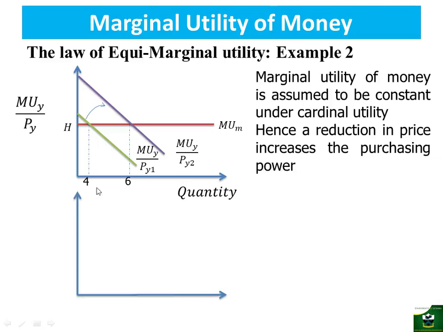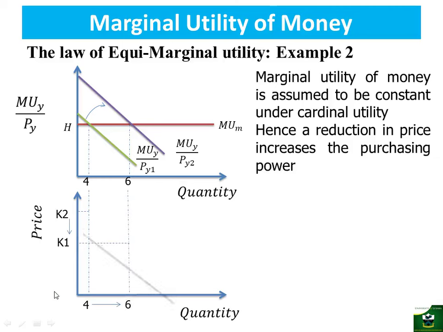Corresponding to this is the demand curve, where we plot the price on the vertical axis and the quantity on the horizontal axis. So at the price of 2, when good Y was priced at 2, a consumer consumed 4 units, and when the price was reduced to 1, 6 units were consumed.